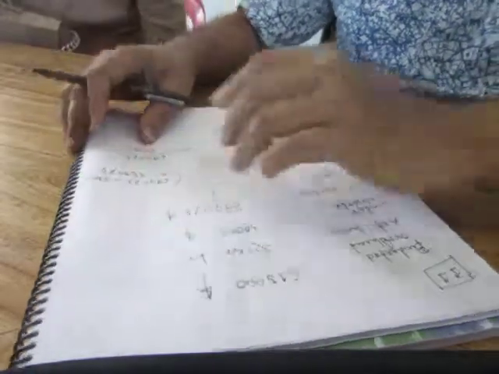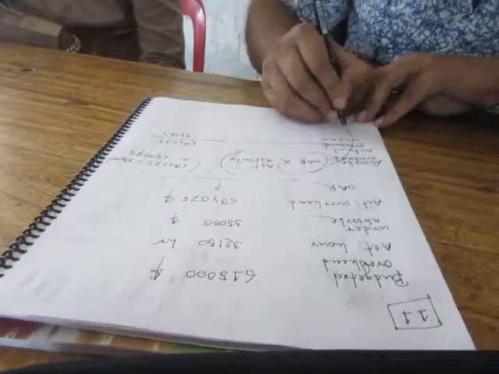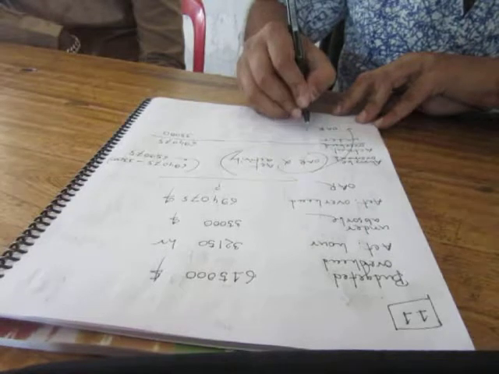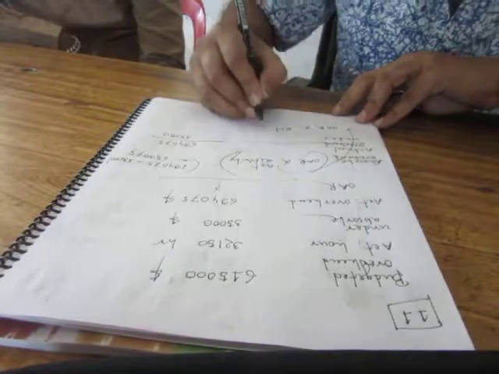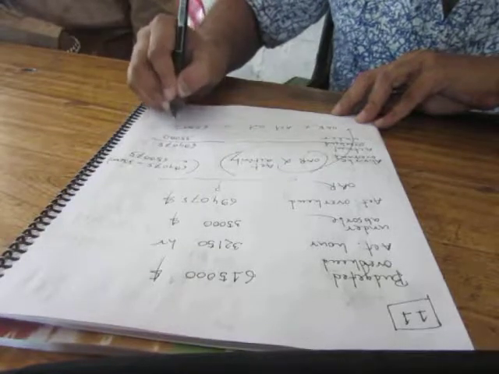Clear? Now your task is to find out the rate. So you can write it down here: rate into actual activity. We found 659,075, right?